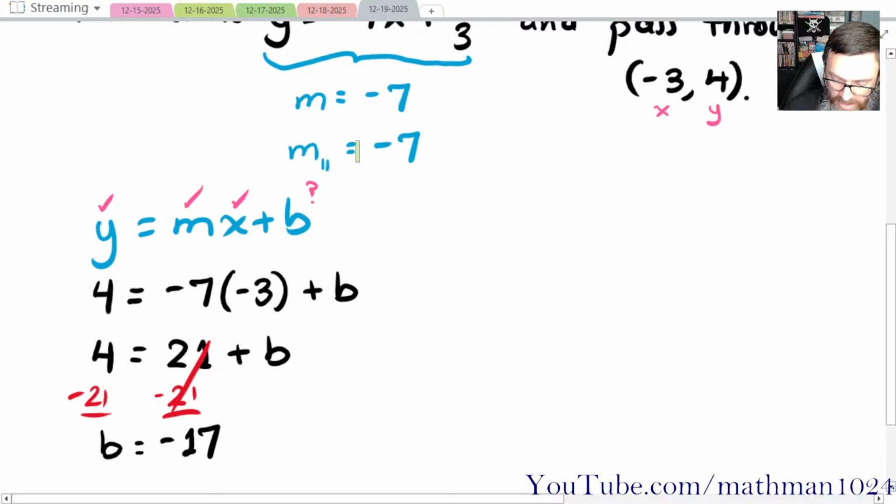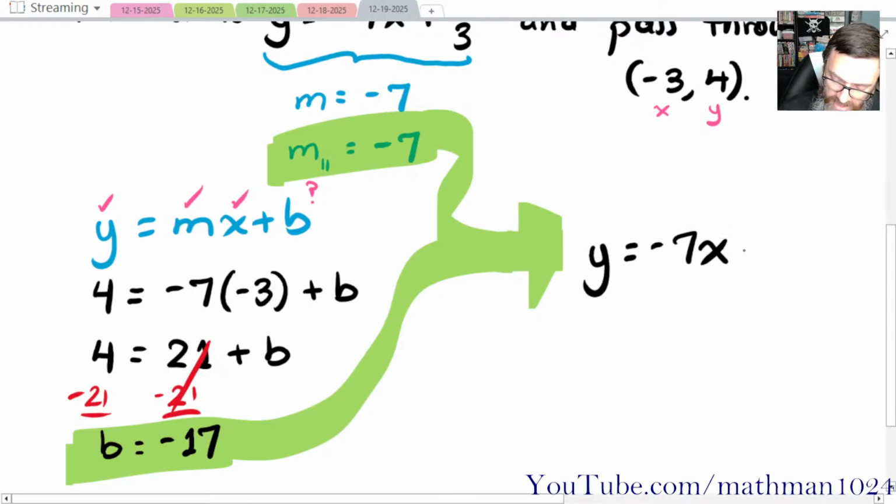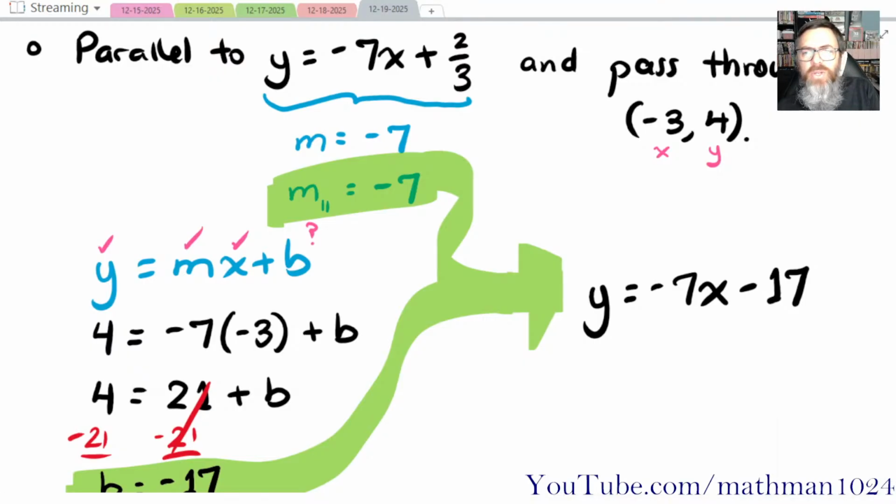So, take your slope, take your b value, and put it together. So y equals -7x minus 17. And when you compare these two equations, you'll see that their slopes are exactly the same. They're both -7. And they have different points.